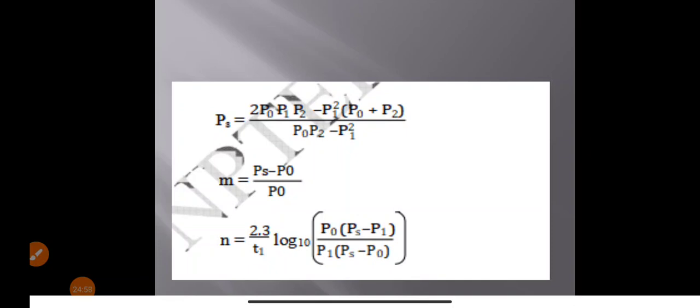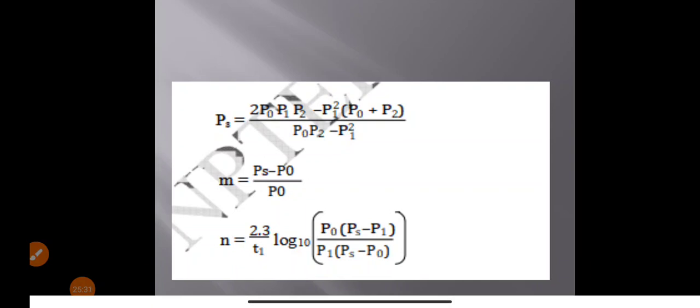Only the three data P0, P1, P2, these three population data, we have taken in the formula. This is the formula to find out the saturation population.